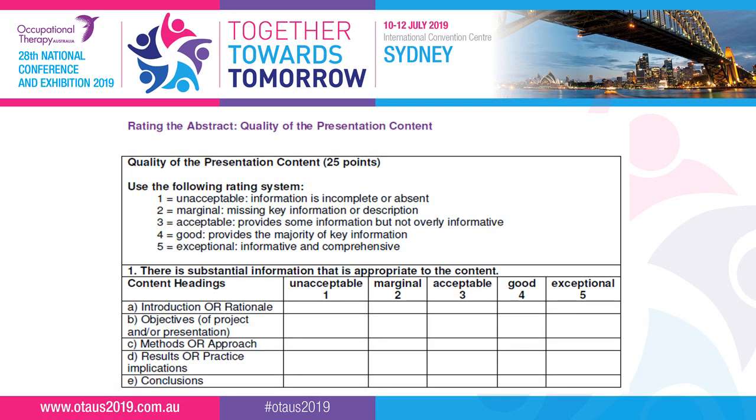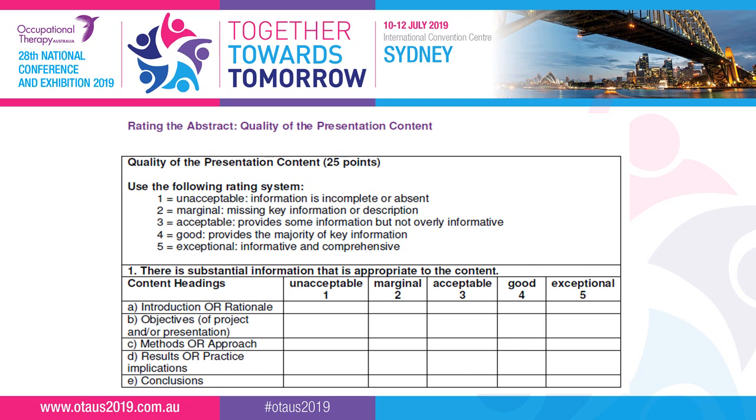So the first one is the quality of the presentation content. And so as you see from this, each one is related to each section of your abstract. And so it's really important to remember that each of your sections are worth the same amount of marks, in inverted commas.